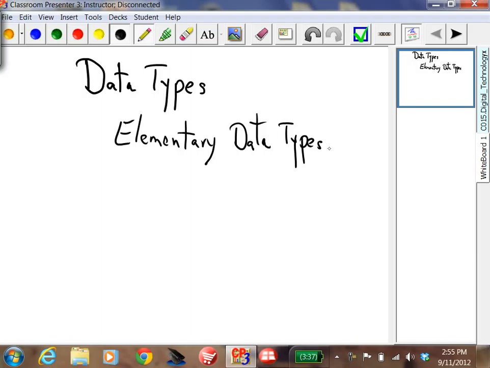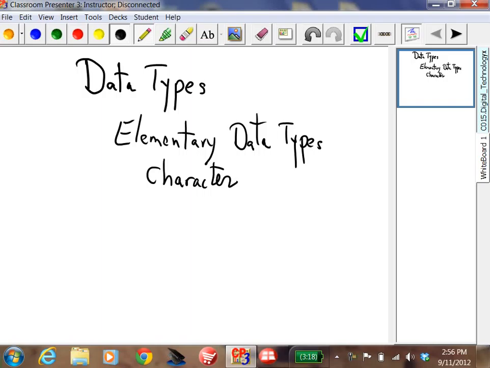Maybe an elementary data type, Jonathan, more elementary than that. A character is an elementary data type.